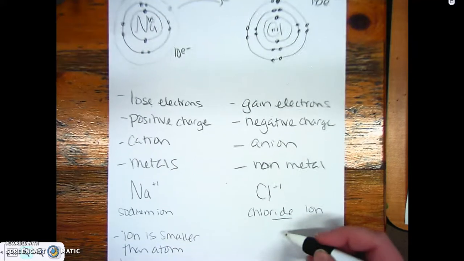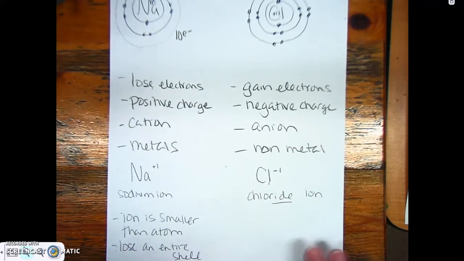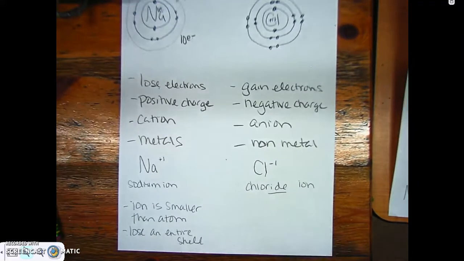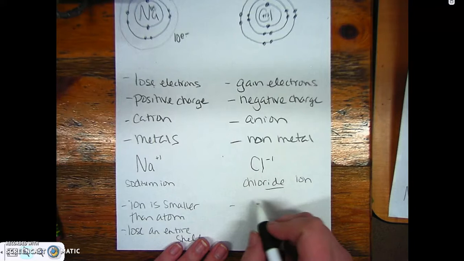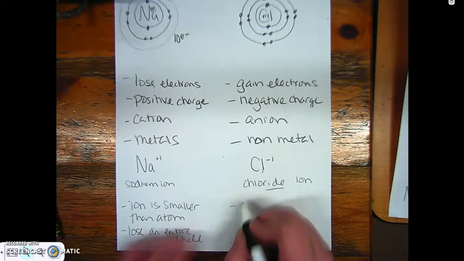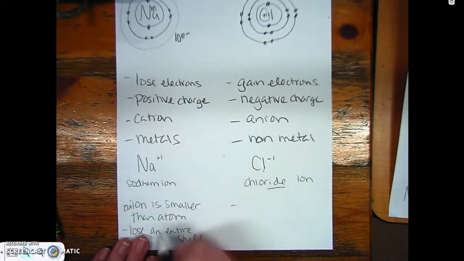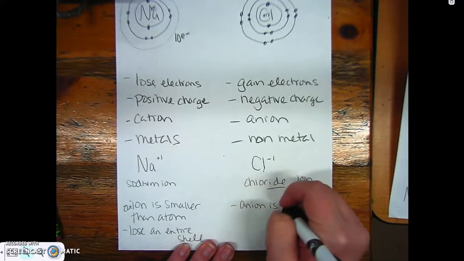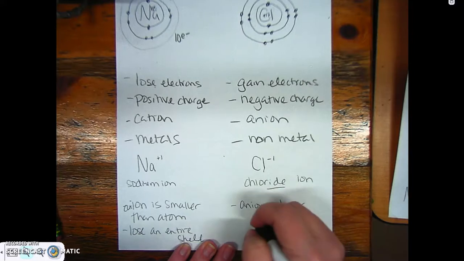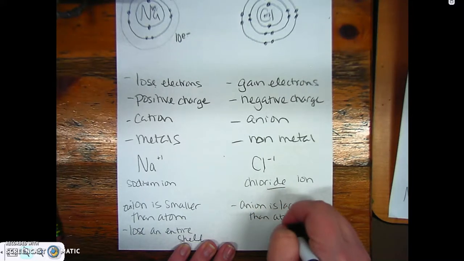Over here, the chloride ion, sorry, you can't see that. Let me move it a little bit. The chloride ion is going to gain an electron. This ion becomes larger. So maybe I should write that a cation is smaller than its atom, and an anion is larger than the atom.